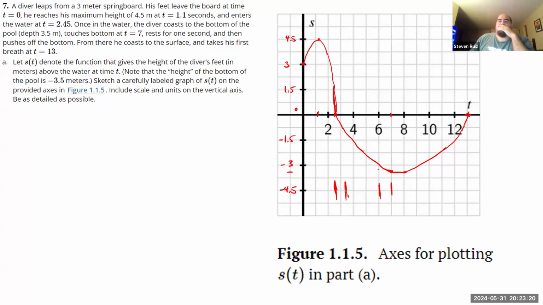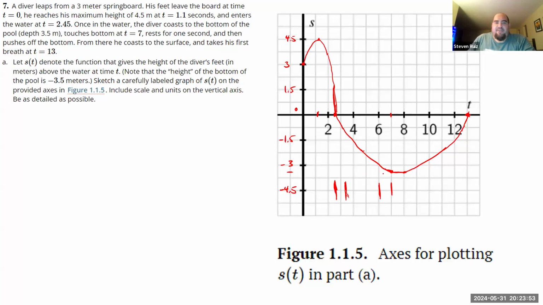The reason I chose those two intervals is they're both exactly 1 second long. So the only way they would have the same average rate of change is if they had the same change in height, which they don't. But let's look at the description of the question again. Once in the water, the diver coasts to the bottom of the pool. I don't know if they're trying to suggest that means I go to the bottom of the pool at a constant rate, but I don't think that's a given.